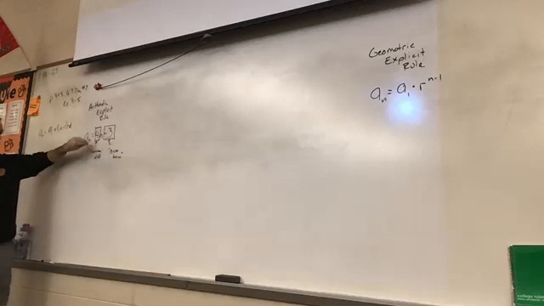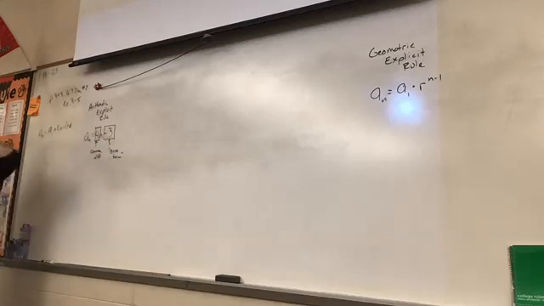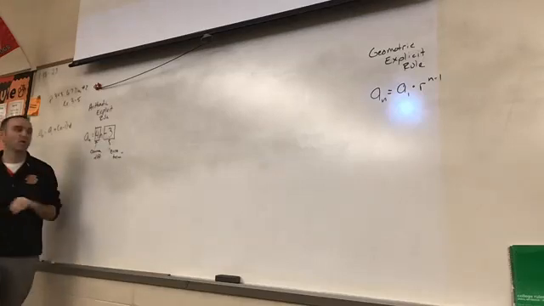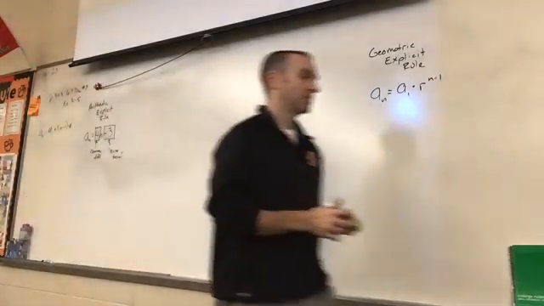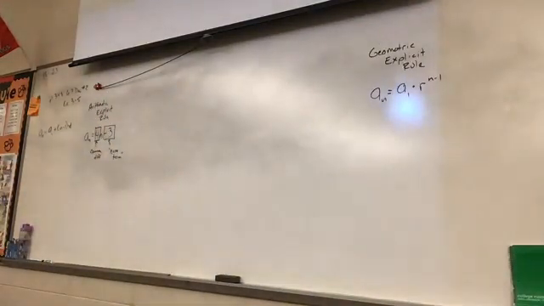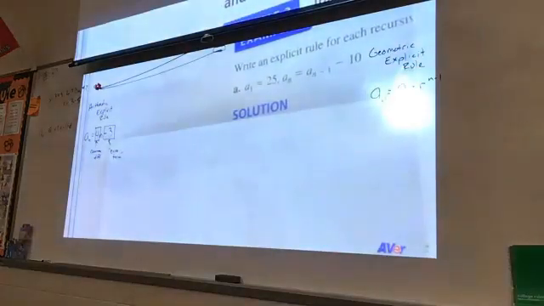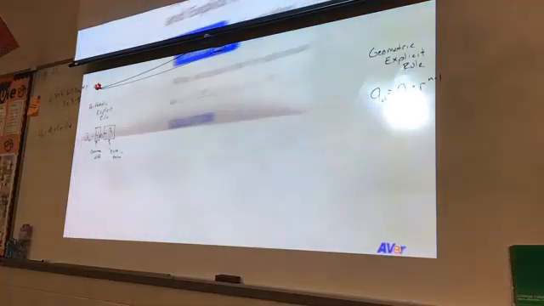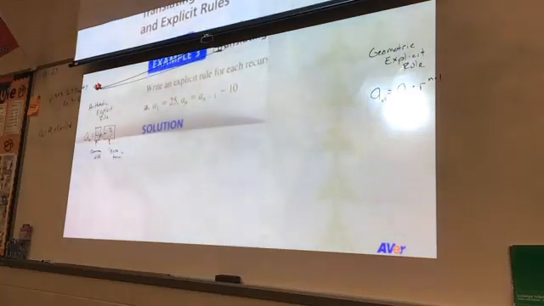So we have to remember common difference, zero term. Okay, because what we're going to see to start here is they're going to give us a recursive rule, just like we saw yesterday. But we're going to take that recursive rule and we're going to create the explicit one. We're going to talk about how to do that.